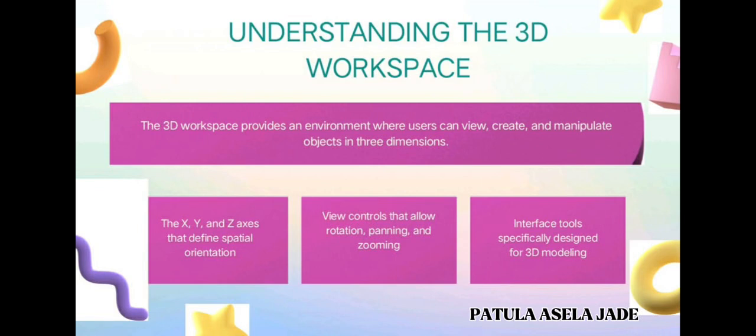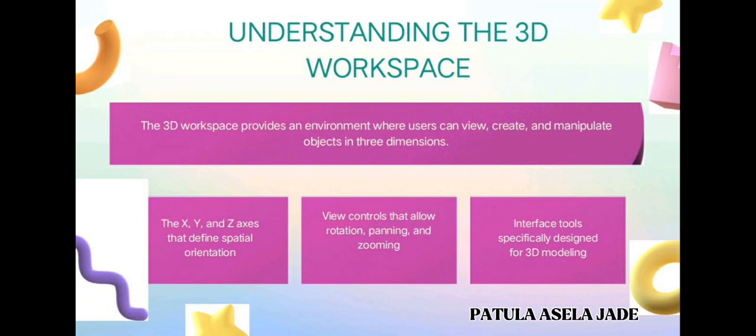Environment: the surroundings or conditions in which a person, animal, or plant lives or operates. View: to look at or observe. In 3D software, this refers to the ability to see and examine the 3D object from different angles. Create: to bring something into existence.